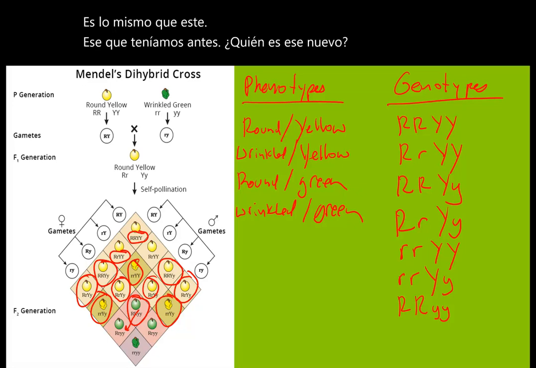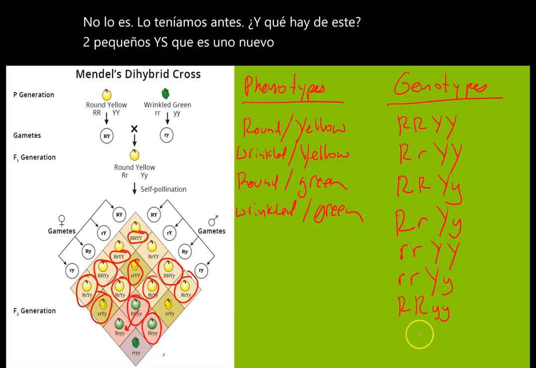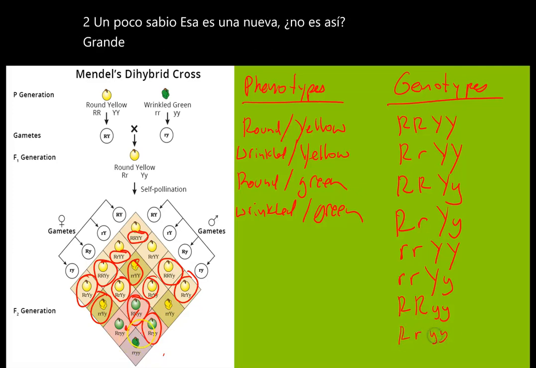It is not. We had it before. What about this one? Two little y's. That's a new one, isn't it? Big R, little y, little y. And is this new? Yeah, we don't have that.